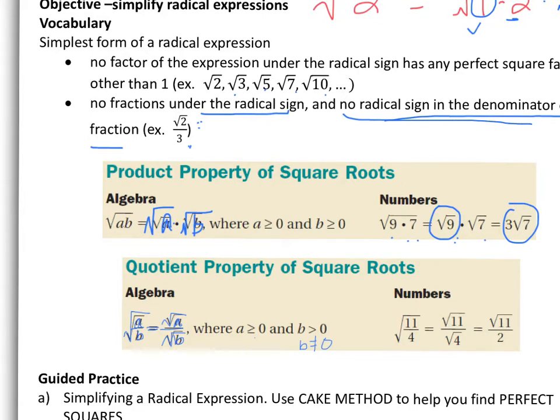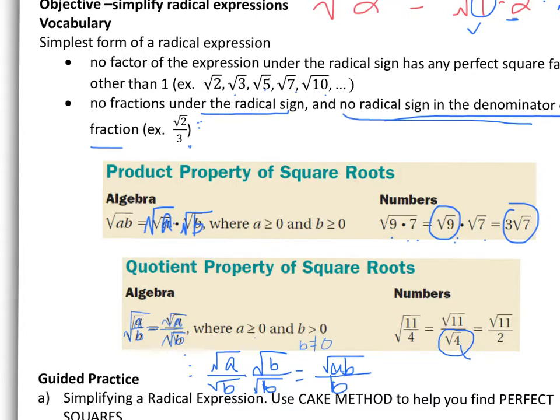Okay, so how do we get rid of that? The property is continuous. So radical A over radical B, you multiply both the numerator and the denominator by radical B. So we have radical AB over B. Okay, but for the numerical example we have here, after they split up the numerator and the denominator, we notice that you have a perfect square, radical 4.